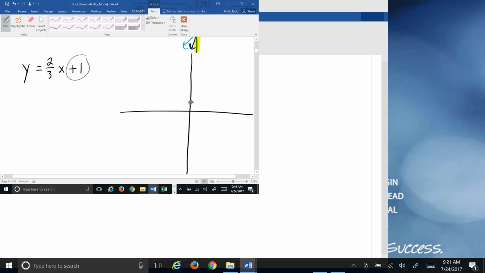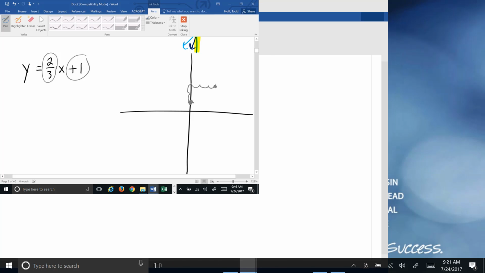The second point then is found from that starting point and the slope, which in this equation is 2/3. So from this point, we're going to go up how far? 2. Up 1, 2, and over 3. 1, 2, 3. There is a second point on the line.